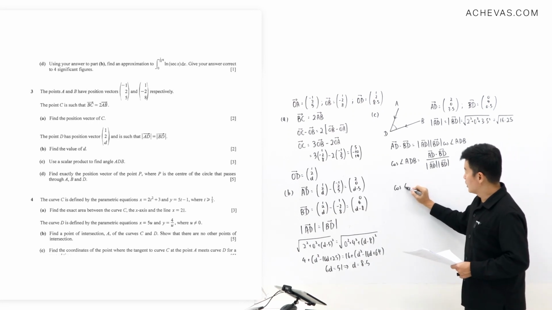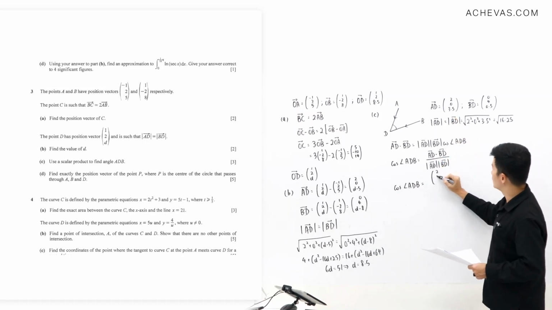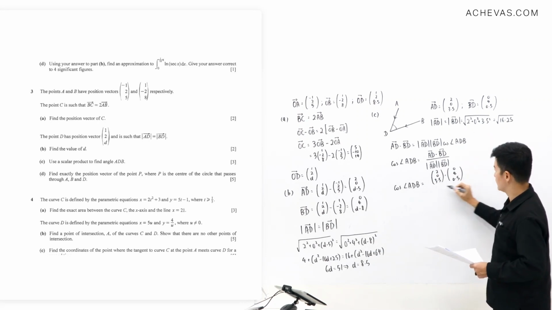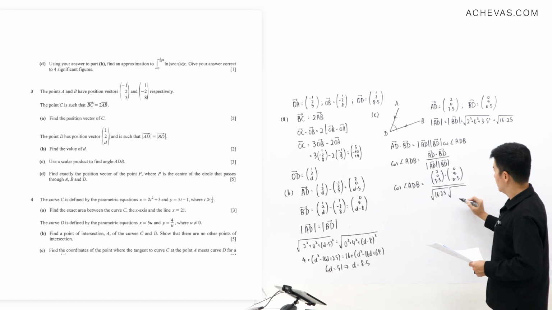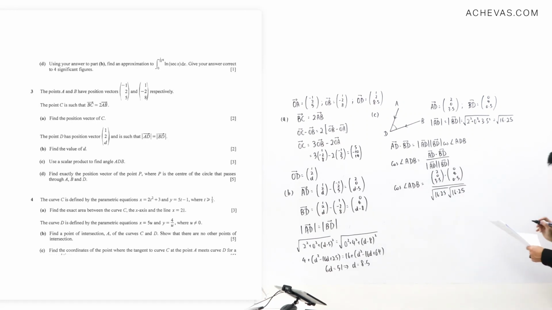So we will have a cosine angle ADB is going to be 3.5 dot 0.5 divided by the square root of this and the square root of this.